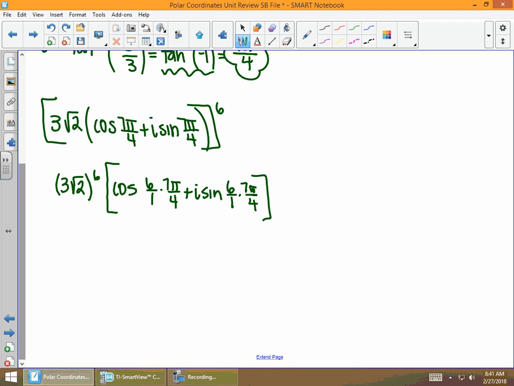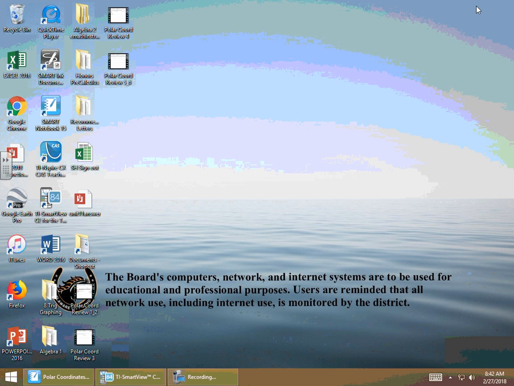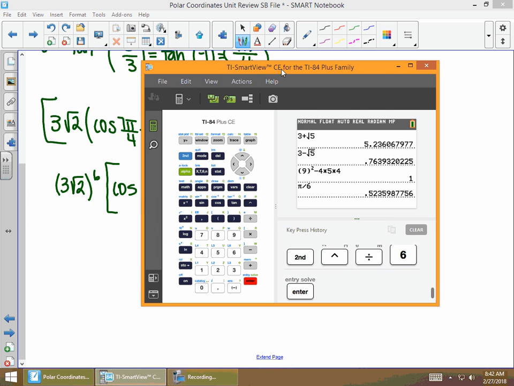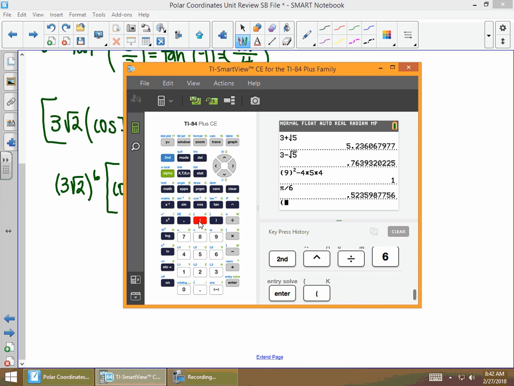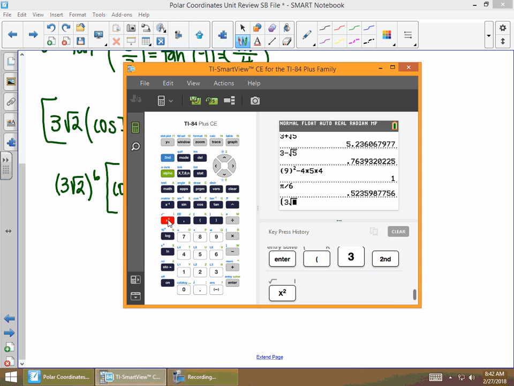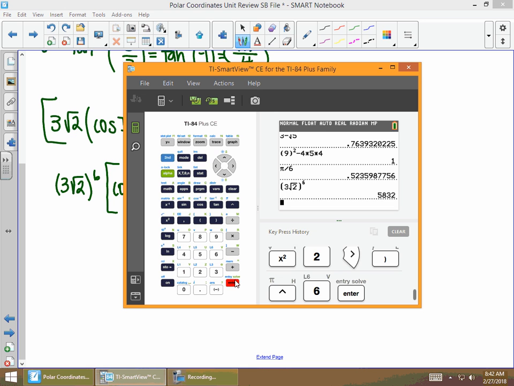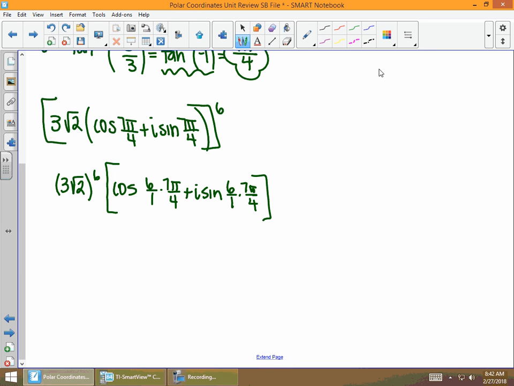I'm going to let my calculator help me here. There it is. Sorry about that. So 3 radical 2 to the 6th power is 5,832.